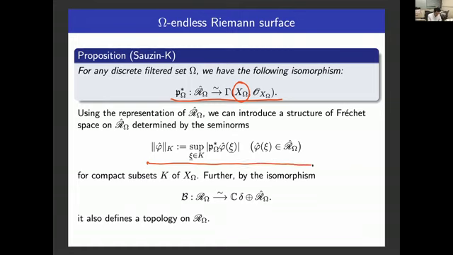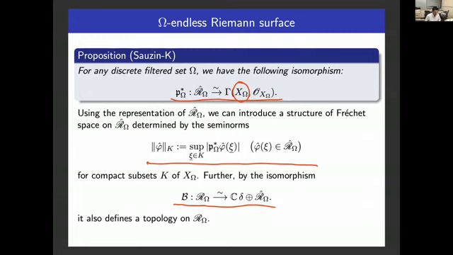So this one is for compact subsets K of X_omega. And so we have the isomorphism given by the Borel transform here. And so it also defines a topology on R_omega resurgent, the space of omega-resurgent series.